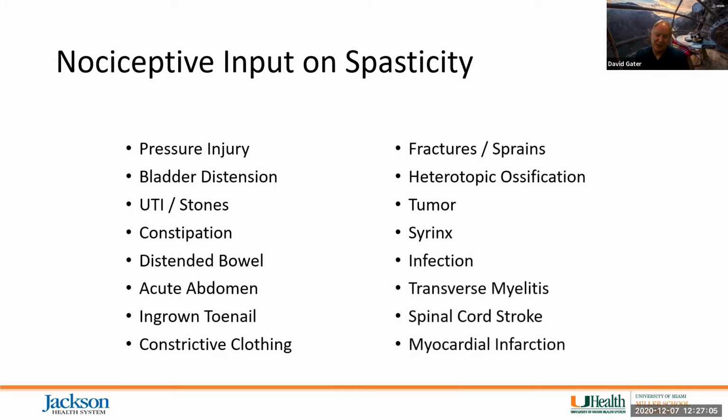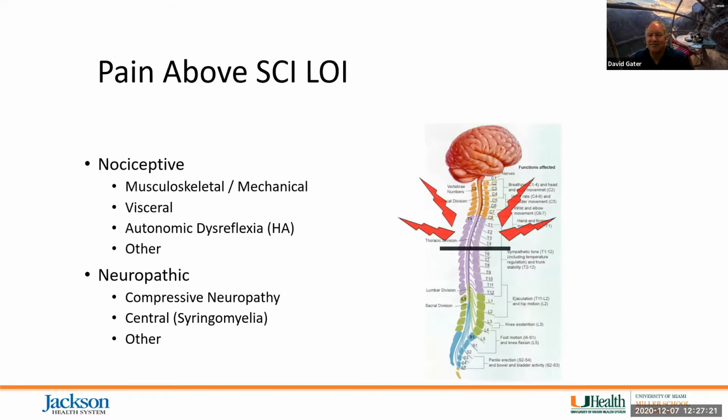So as you see increased spasticity in somebody who had been normal, recognize that something is happening below the level of the injury, whether they recognize this as painful or not. This is a noxious stimulus below the level of the injury.